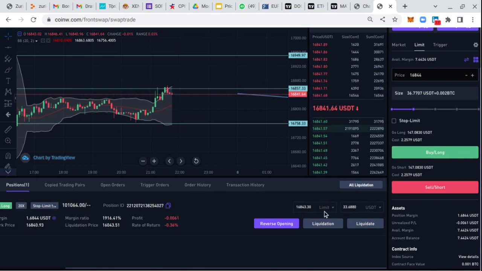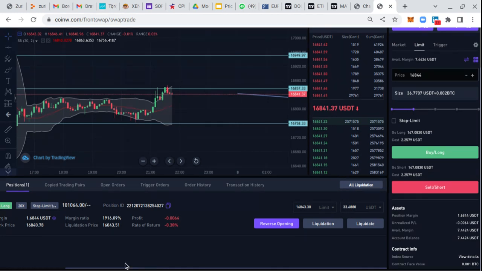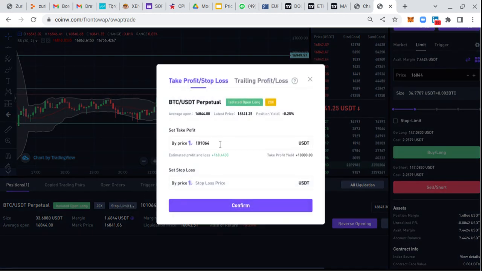I think this should be, let me, it's like I'll just set this thing with my phone so it will reflect. Okay, let me see. Okay, this is take profit and stop loss.